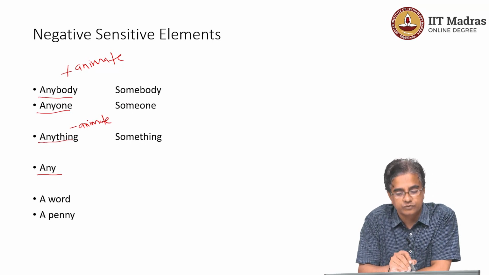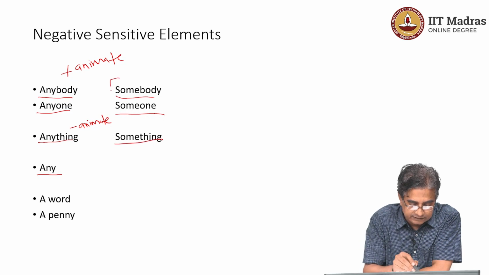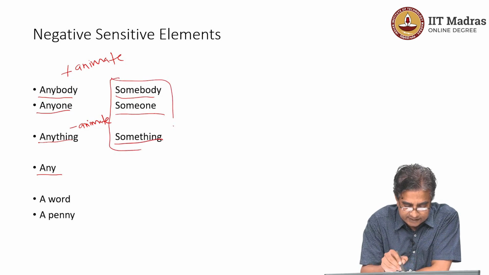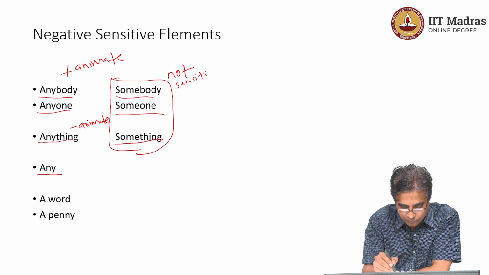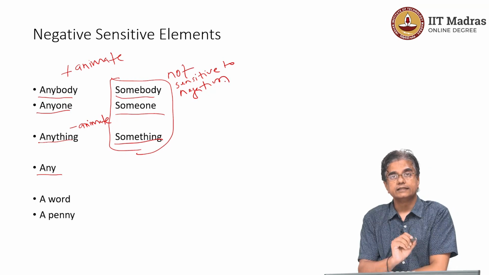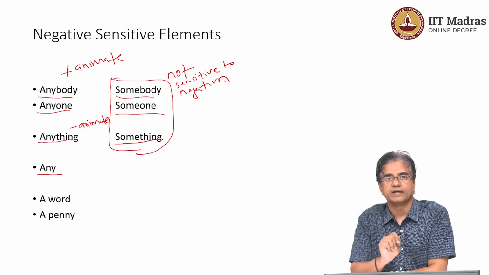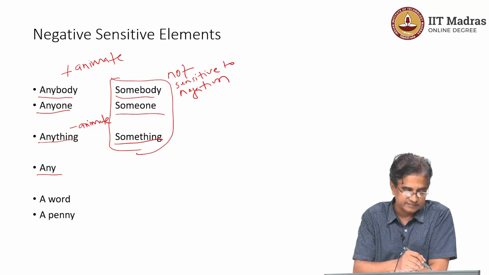Anybody has another counterpart, somebody. So somebody or someone or something, these are not negative sensitive elements, not sensitive to negation. Meaning these elements can occur in a sentence without negation also, in affirmative sentences, but not these.